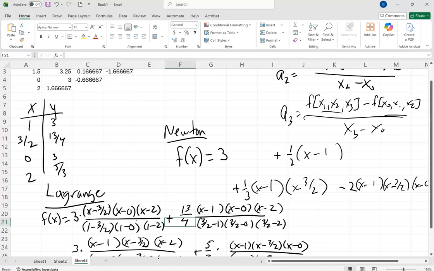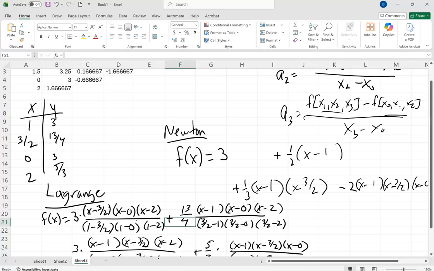How do I know I did it right and not I think I did it right? How do I know I 100% did it right? How many points do we have? 4. What should be the degree of the interpolating polynomial? Third degree. Does that look like a third degree? Absolutely. How many degree 3 polynomials go through those points? 1. That is the right answer, right? I know that it is correct, not that I suspect that it's correct.